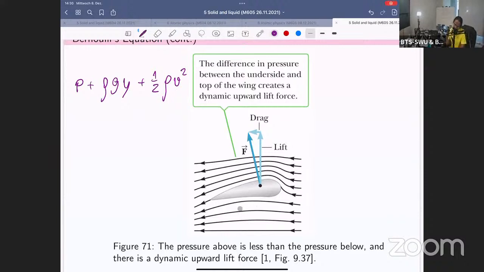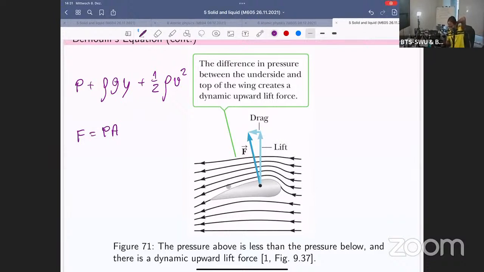And with the higher pressure, if you multiply by the area of the wing, you would get the force, which from the definition is F equal to P and A. You will get a force, and this one is the lift force.